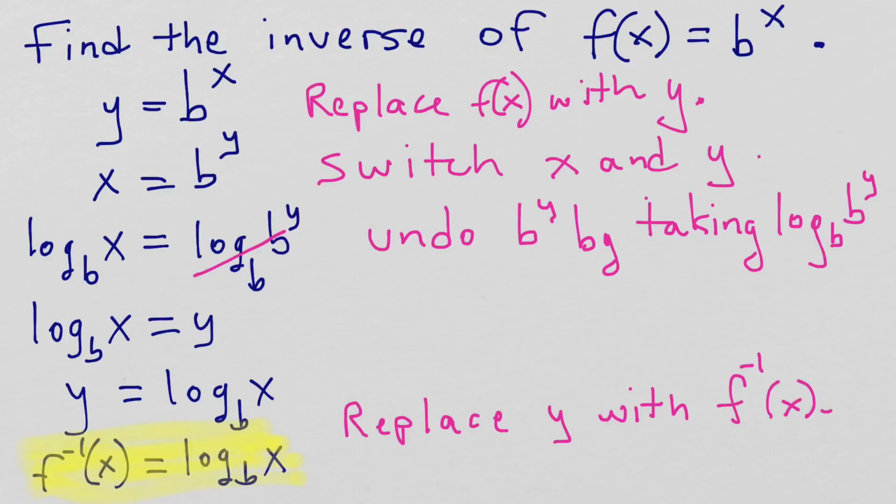If I asked you to find the inverse of the function f of x is equal to b to the x and explain your method, you would have to show me you used your method of replacing f of x with y, switching x and y, and solving for y, and then eventually replacing y with f inverse of x, just like we learned to do when we were studying finding the inverses of general functions.